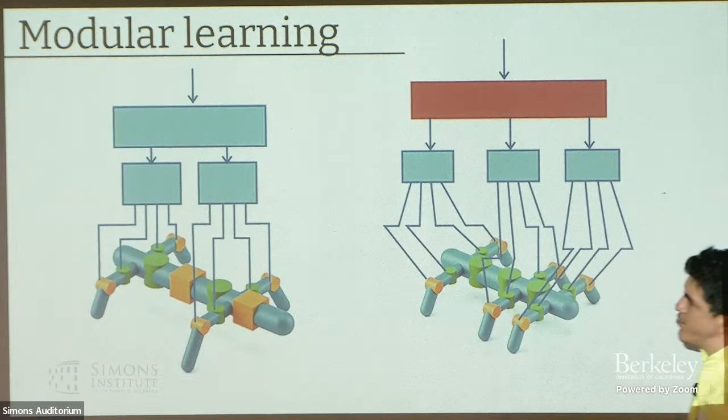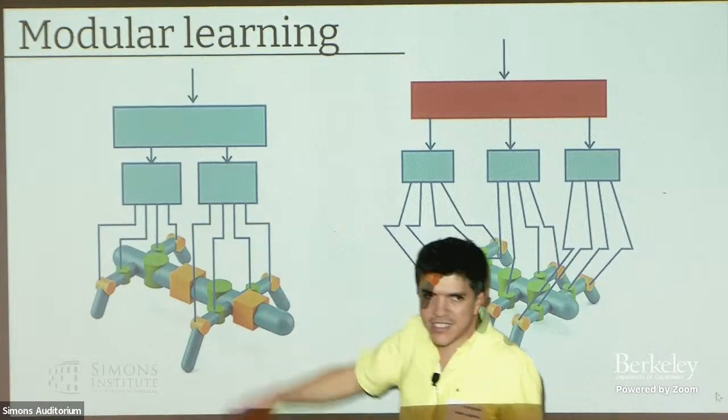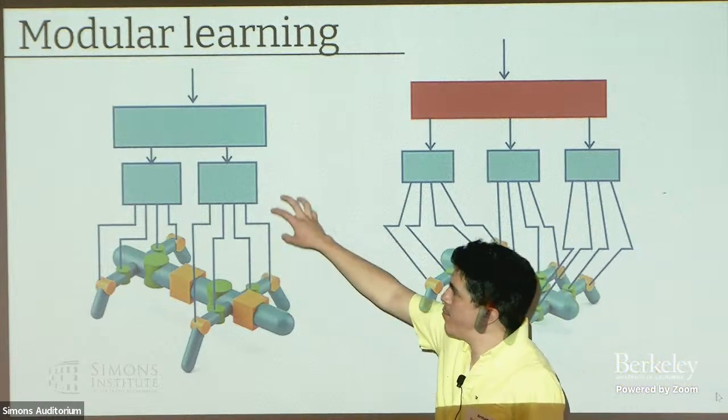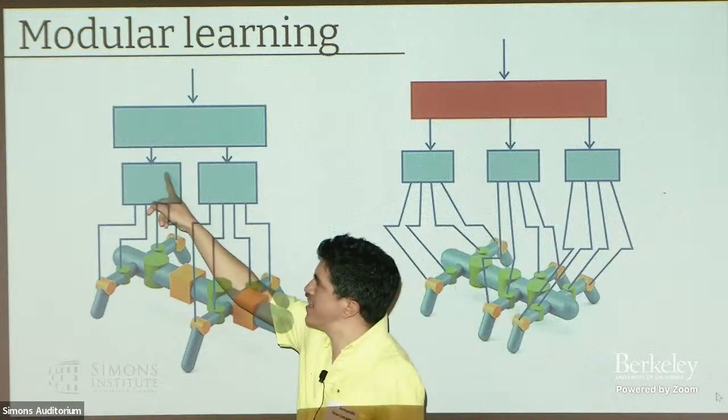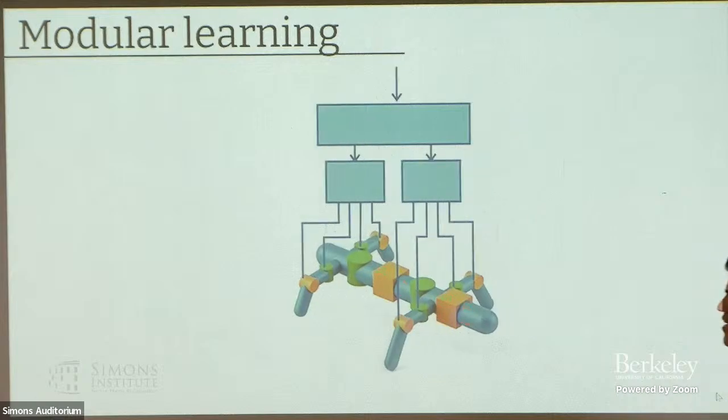So, okay, so instead of learning one big monolithic controller, I'm going to learn this modular structure, right? You can think of these as a sketch that tells me what the structure of my program is, and I'm just using this neural network to fill in the details of what happens here.